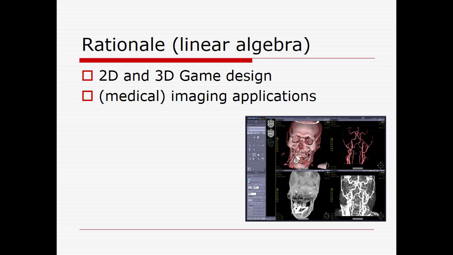If you wonder why we would do linear algebra, there are several applications where you really need to know about vectors and lines in space. The most important one for a technology environment is the second one, imaging applications. Maybe you know that I worked at Philips Medical Systems before I became a lecturer, and I was involved with digitalizing the vessels of a patient with cardiac or cerebral problems.